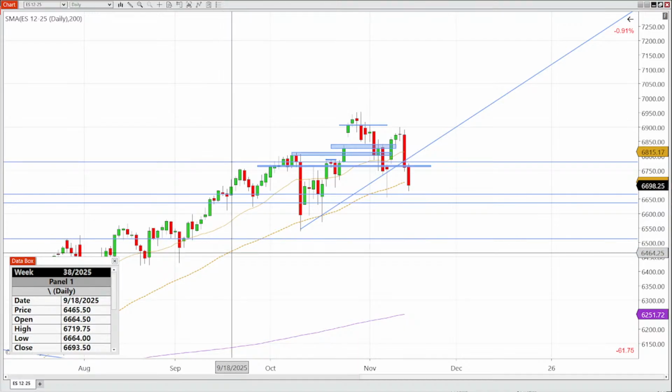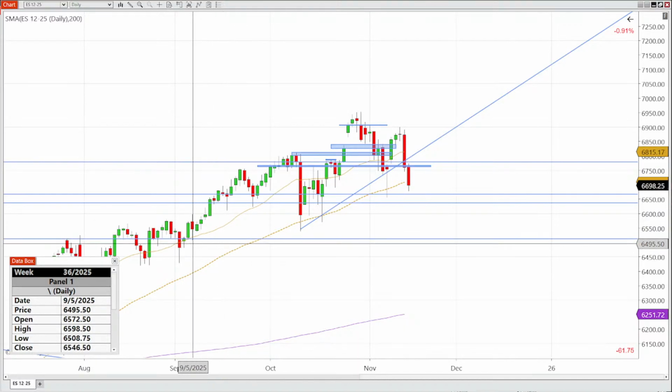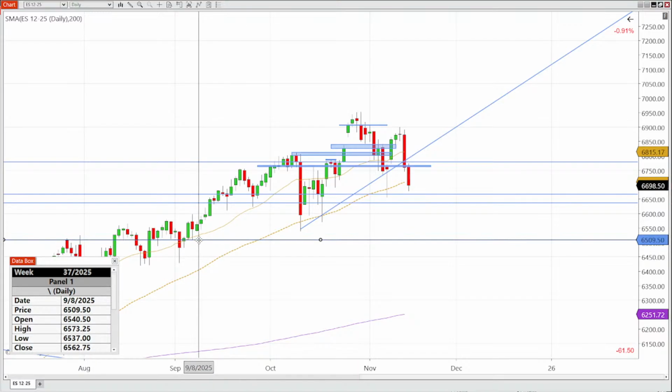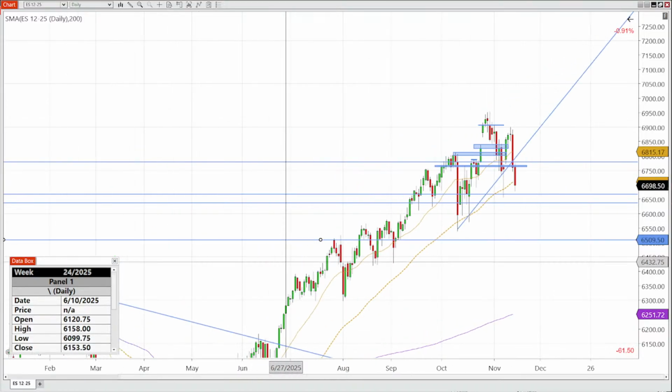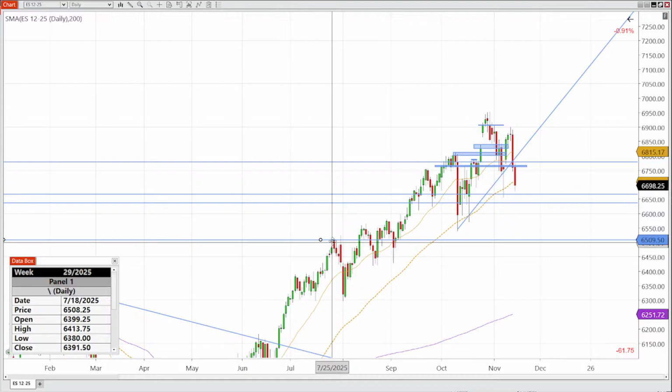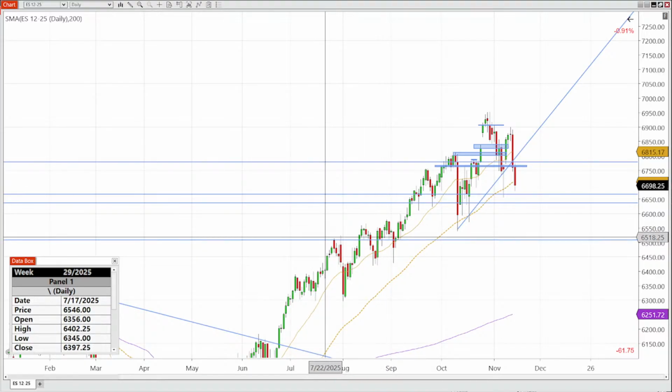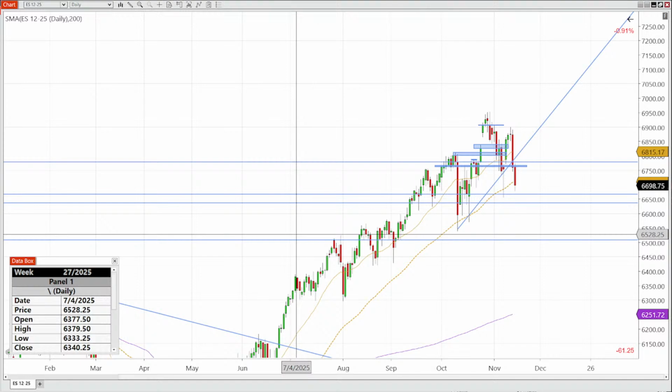We do 25, right here. This is it. This level here. This is 65.13. We got some resistance that was here that turned into support. Had some support and resistance around this area. So we're going to mark this area here.